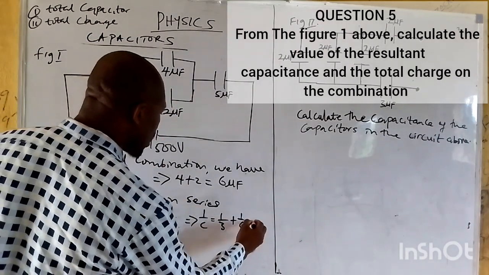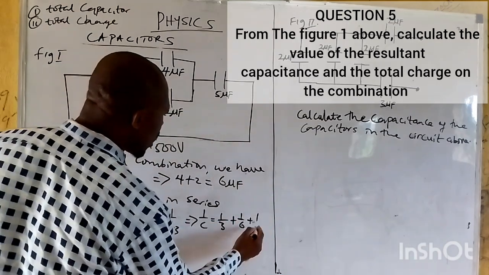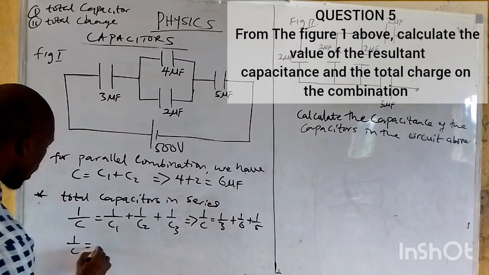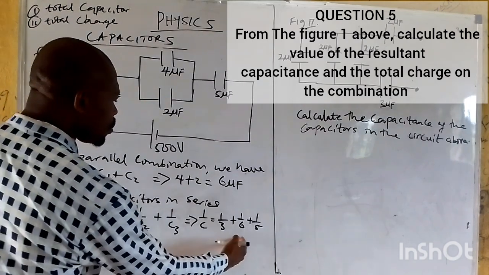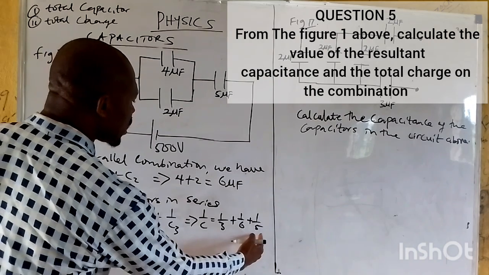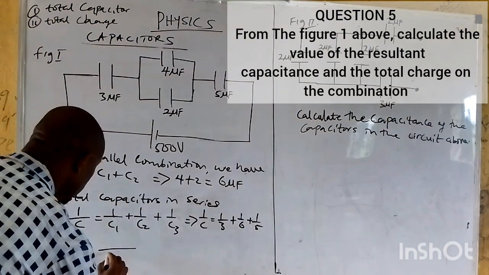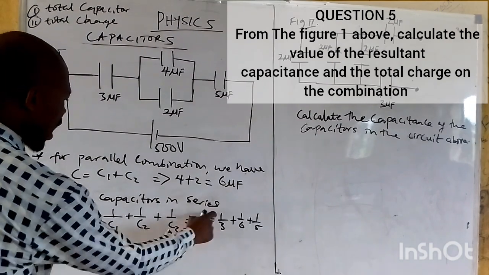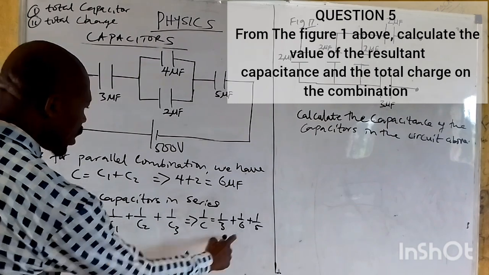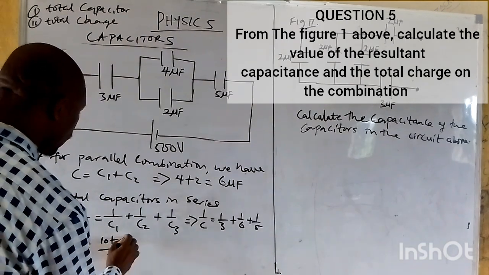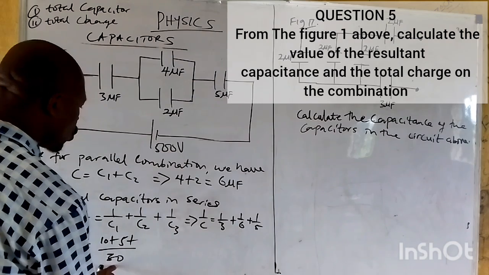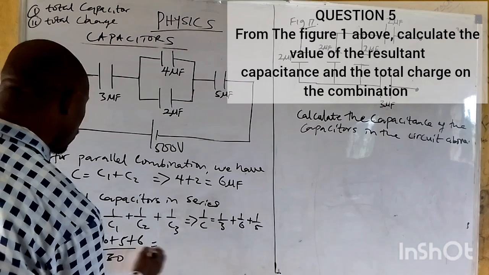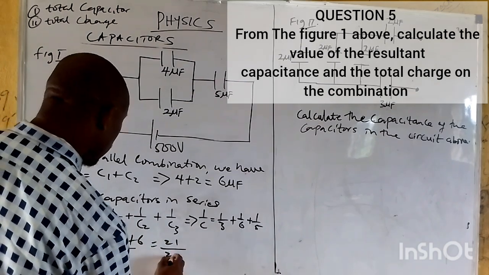1 over 6 plus 1 over 5, which will give us that 1 over C equals, LCM of 3, 6, 5 will give us 30. 30 divided by 3 is 10, 10 times 1 is 10, plus 5 into 30 is 6, plus 6 into 30 is 5, which will give us 21 over 30.